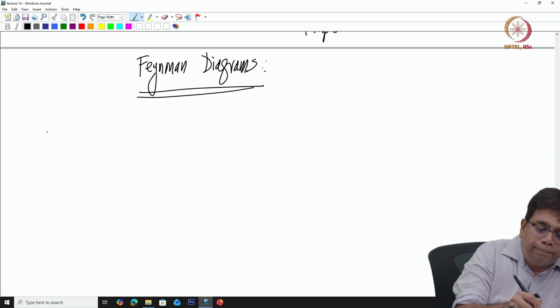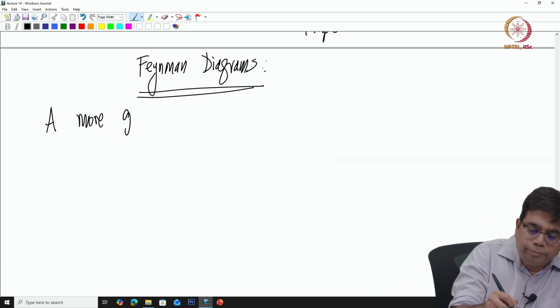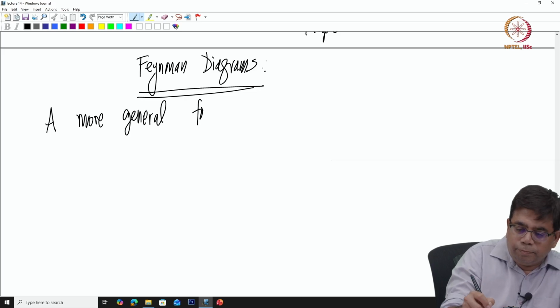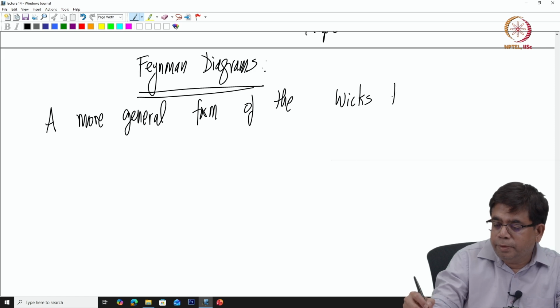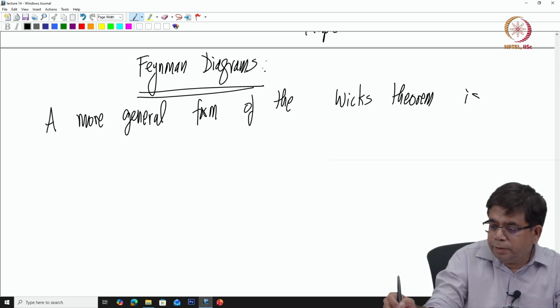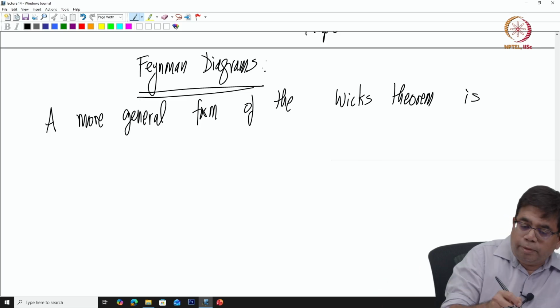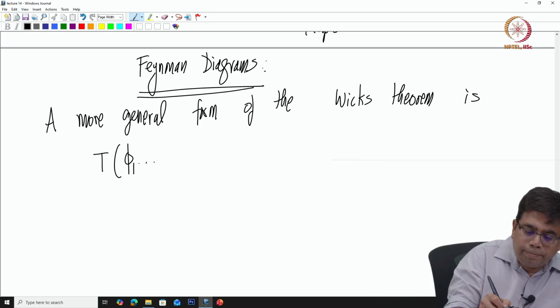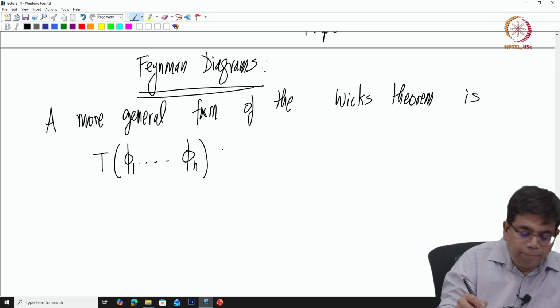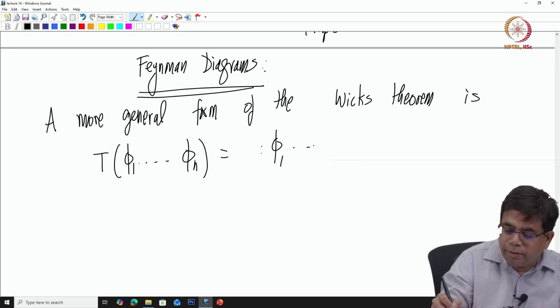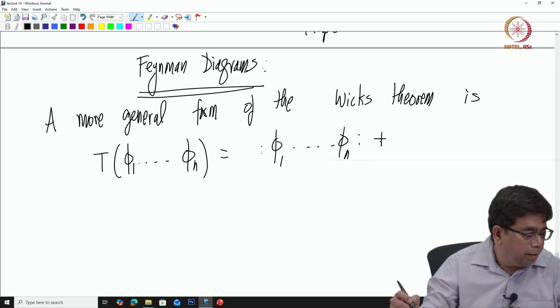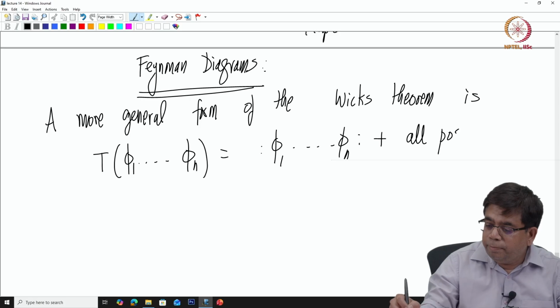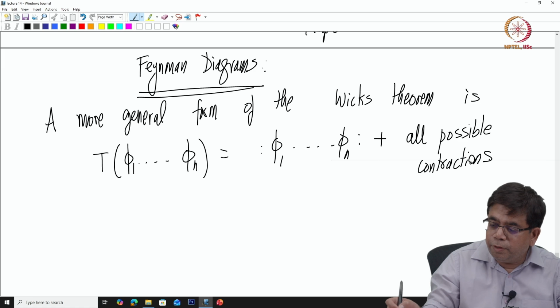A more general form of Wick's theorem is: time order product of phi 1 to phi n is equal to normal order product of phi 1 to phi n plus all possible contractions. So what are these contractions?